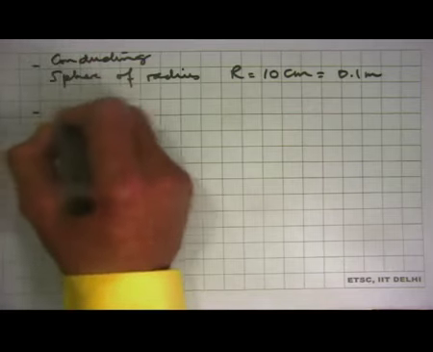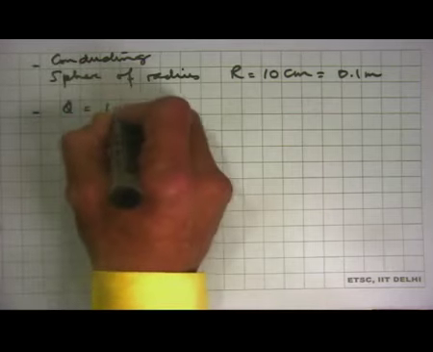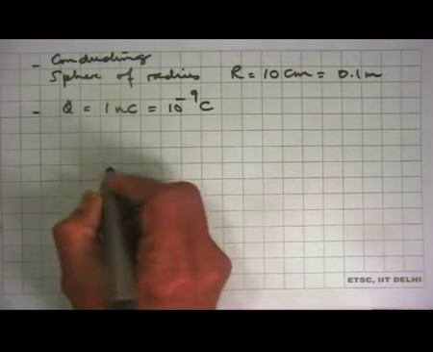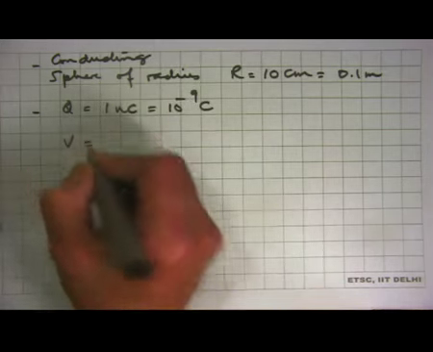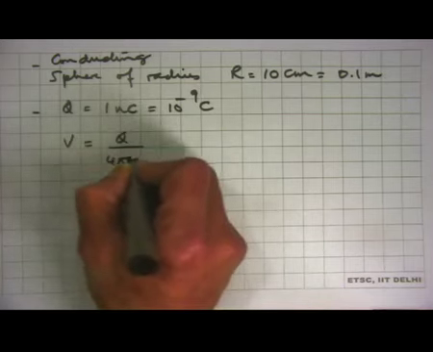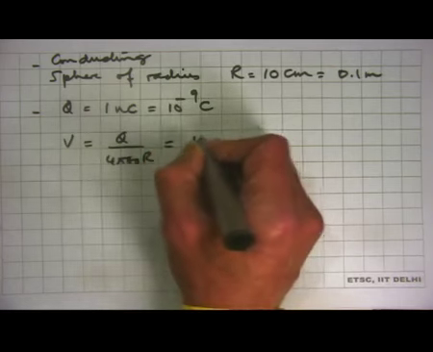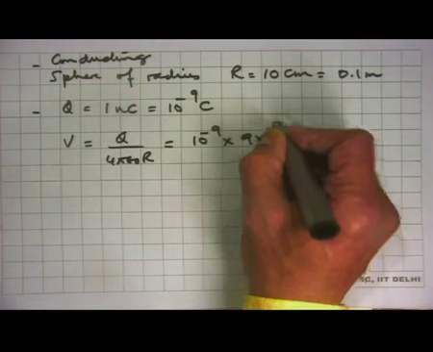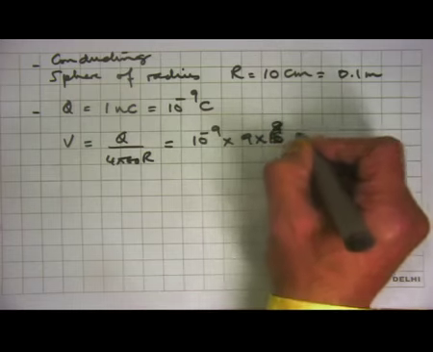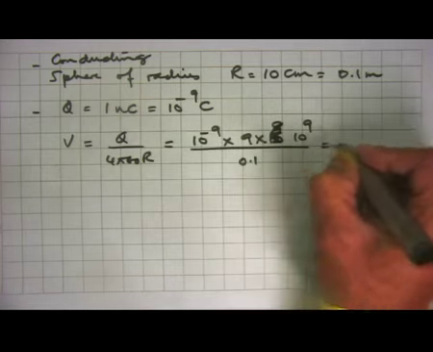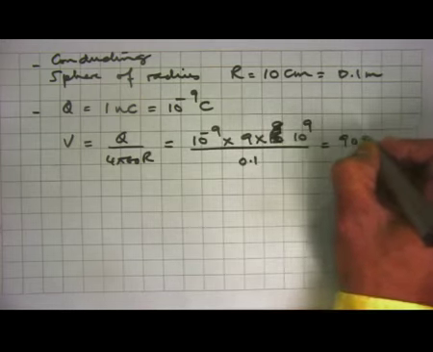Let me assume that we have a charge of 1 nanocoulomb, 10 to the minus 9 coulomb, placed on this sphere. So, what is the potential on the sphere? It is q by 4 pi epsilon 0 r, which is equal to 10 to the minus 9 into 1 by 4 pi epsilon 0, which is 9 into 10 to the power 9, divided by 0.1, which is equal to 90 volts.